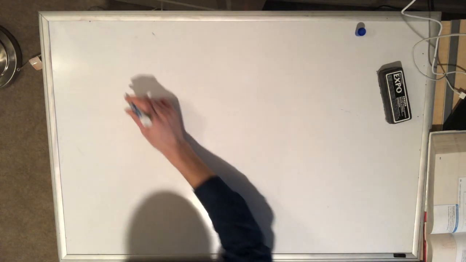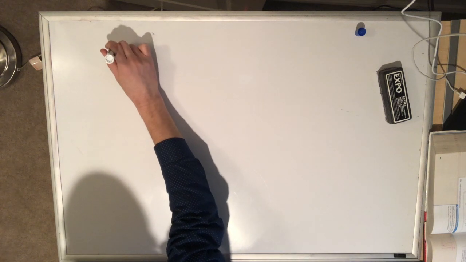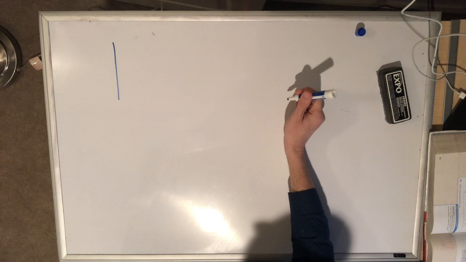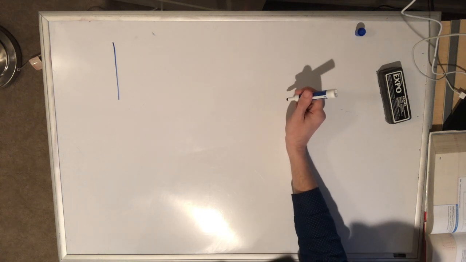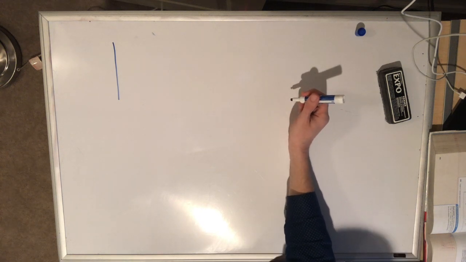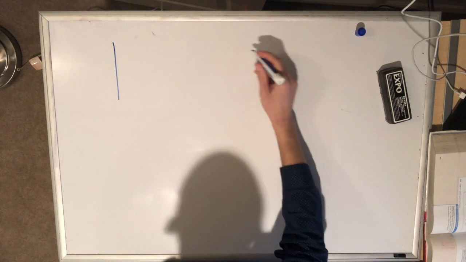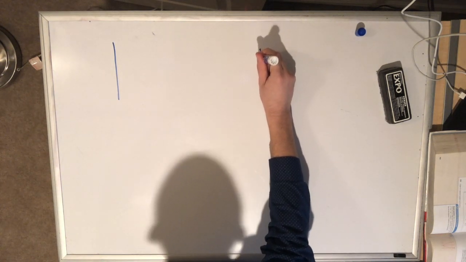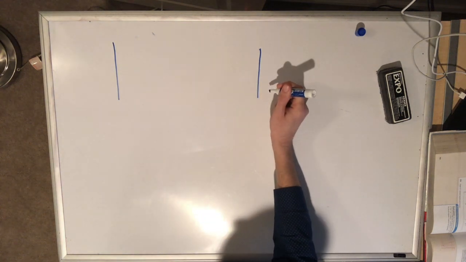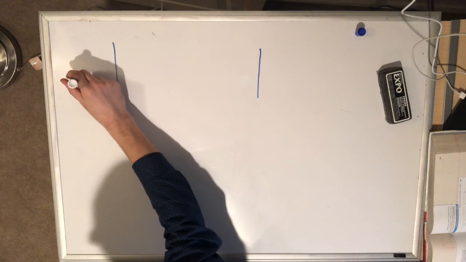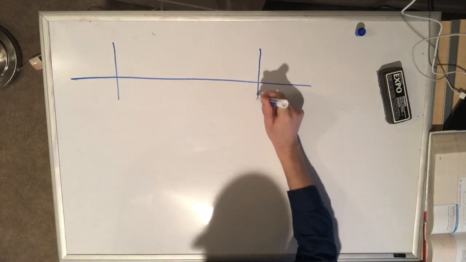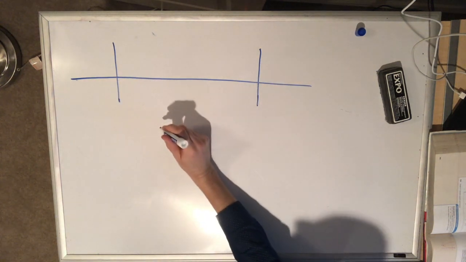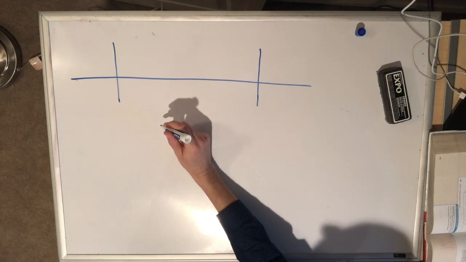All right, so I'm just going to make a little sketch of the bridge to help you understand what's going on here. It's a suspension bridge. We have two towers of the bridge right here and here. And here's the horizontal part of the bridge, the road. And suspension cables.